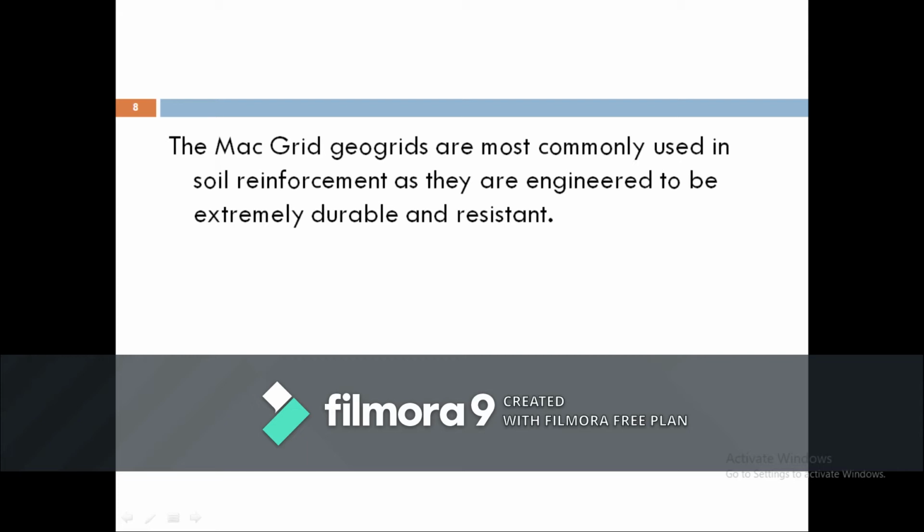Magrid is the name of the company which manufactures geogrids, and the elements made by this company are very durable, very strong, and also resistant to high loads. Because of this, we prefer the elements made by Magrid. Mostly we use those elements in our constructions.